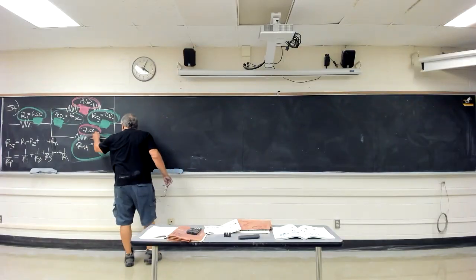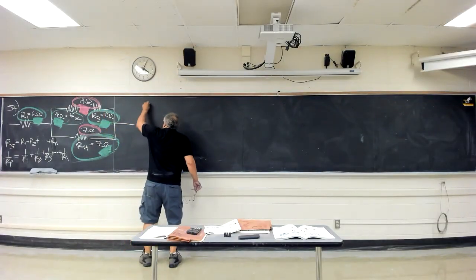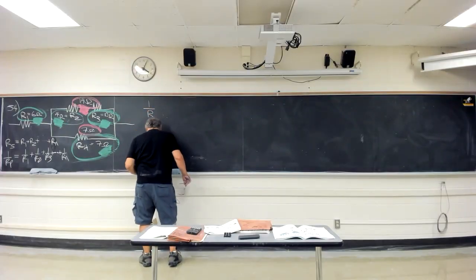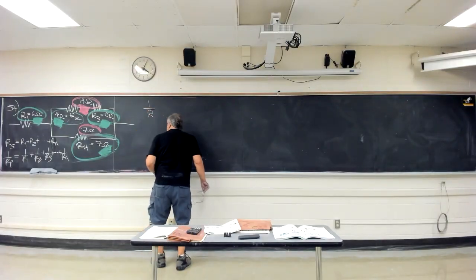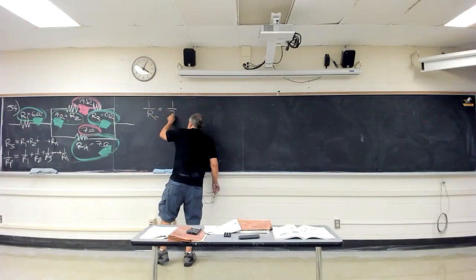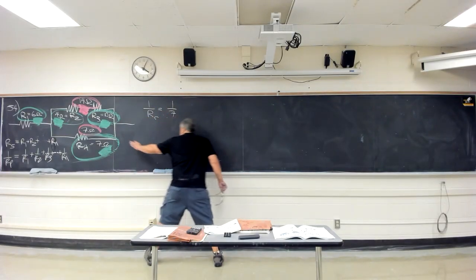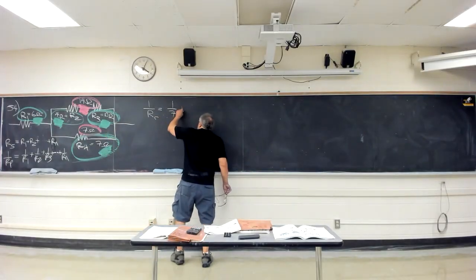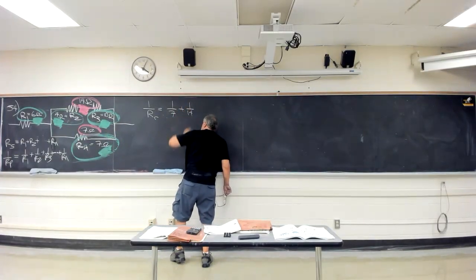Well, you got 7, you got 14. Let's get an equivalent partial, equivalent right side loop resistance. It's going to be 1 over 7 plus 1 over 14.